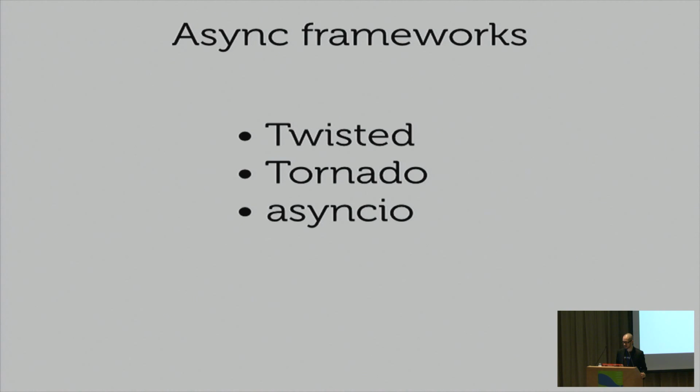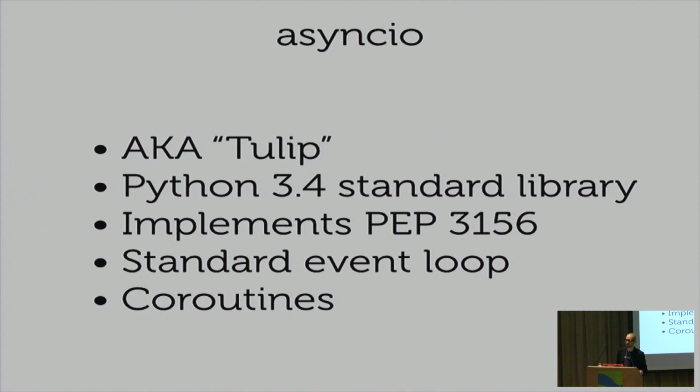So I'm going to spend my final few minutes describing asyncio because it's this exciting new innovation, and then we'll review when to use it once again. If you were at the Yielding a Tulip talk yesterday, you know that asyncio is a new async framework in the Python 3.4 standard library.